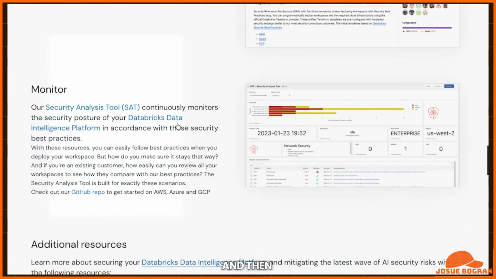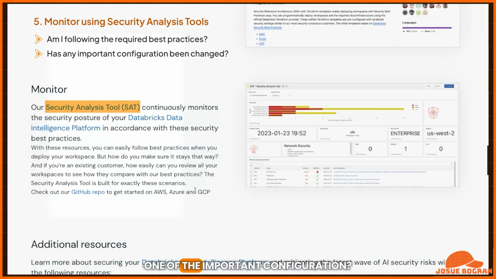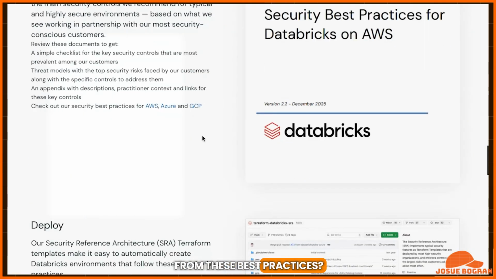And then SAT, the security analysis tool, would help you monitor for a period of time. You deploy these workspaces, and then, am I staying according to those best practices? Did someone change one of the important configurations? And then you would be able to see, as of now, what is my security posture according to the best practices that are out there. Are there any deviations from these best practices?